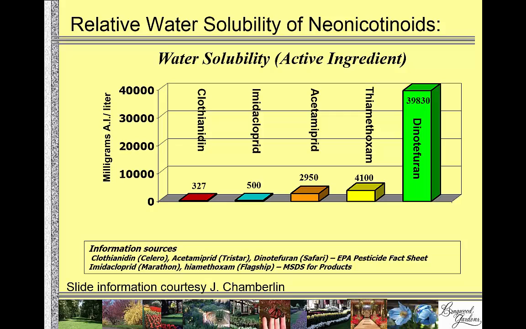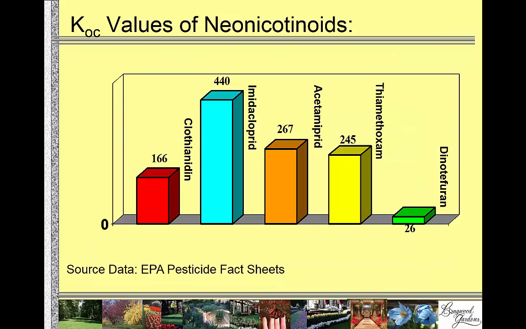One of the things that is different about dinotefuran, this Safari, Xylam, Transtect, is that it is highly water soluble, much more water soluble than the other systemic insecticides that we have presently available, as indicated here. The other systemic insecticides that are presently available, clothianidin, imidacloprid, acetamiprid, thiamethoxam, have far lower water solubility, and they also differ in another aspect, KOC value.